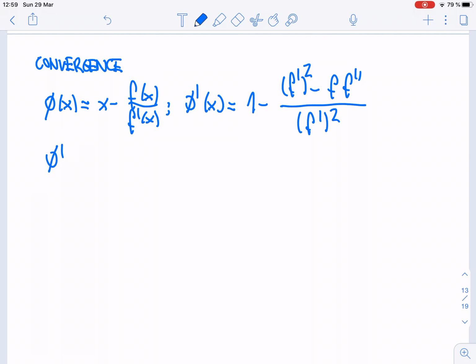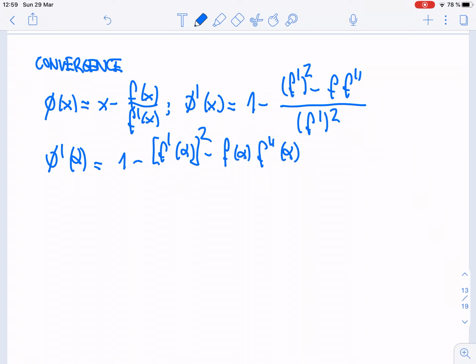Let us now evaluate phi prime in alpha. So this is 1 minus f prime of alpha squared minus f of alpha times f second derivative of alpha over f prime of alpha squared. Now this term is 0, and we conclude that this derivative is 0.